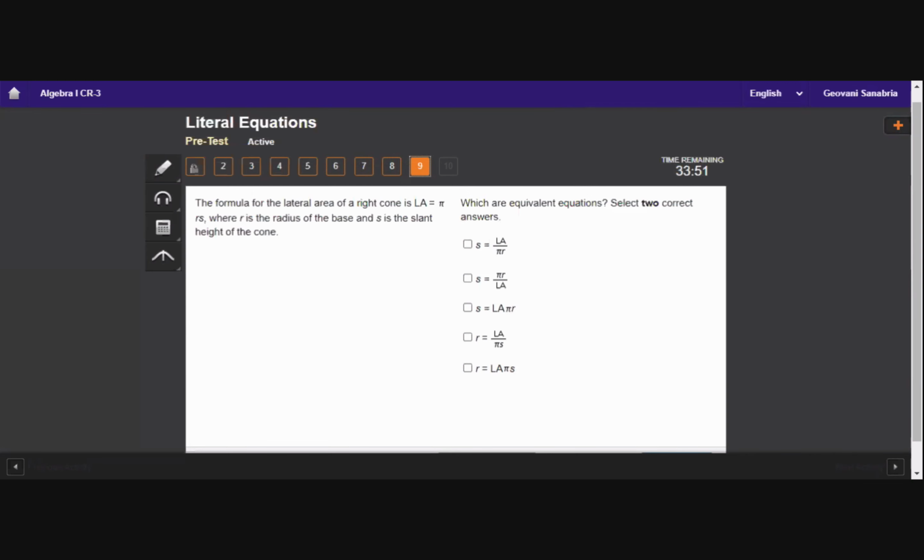In fact, the pi and the R, they're both being multiplied. You're not adding pi and then multiplying by the R. So you could consider it the same distance away, because you could write pi R S, or you could write R pi S. So you can actually divide by pi R on both sides, together.